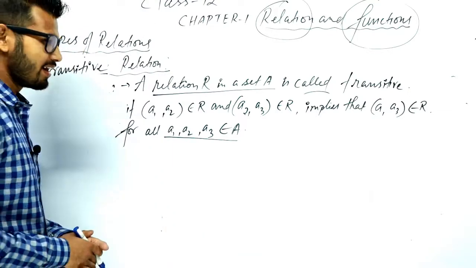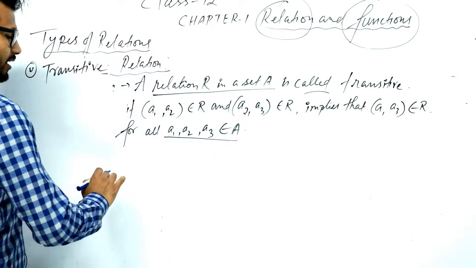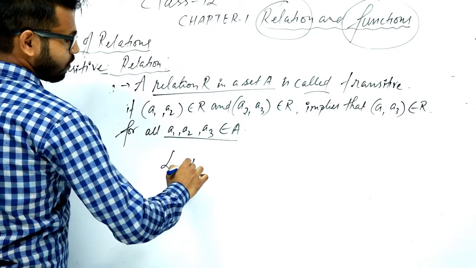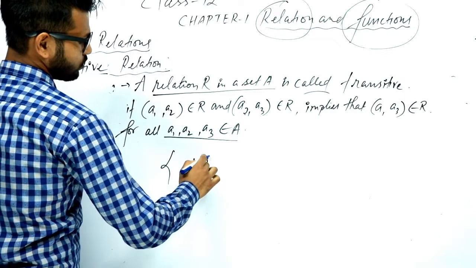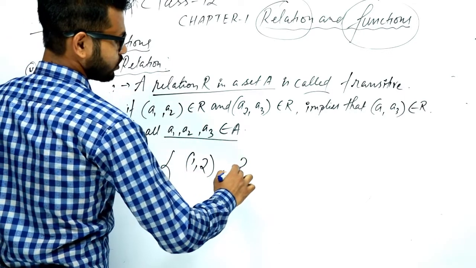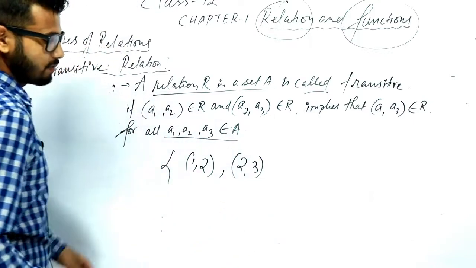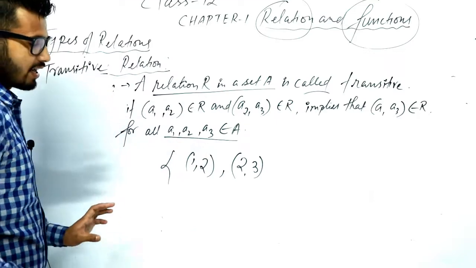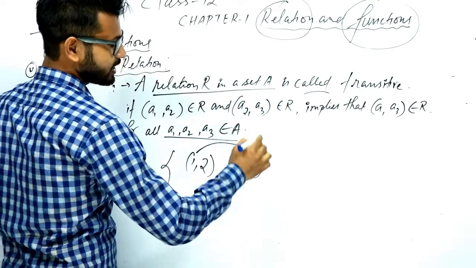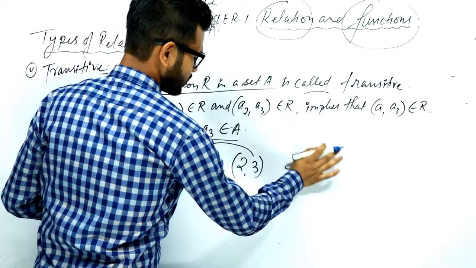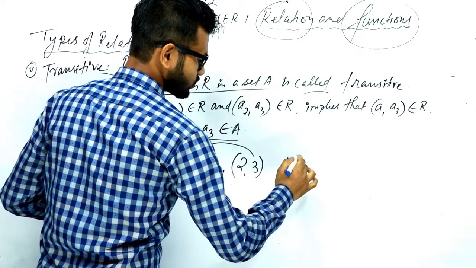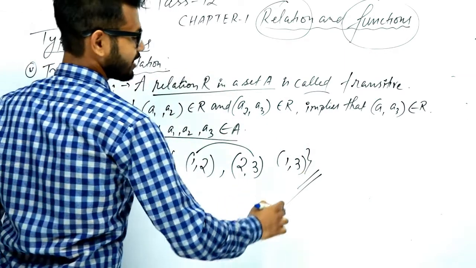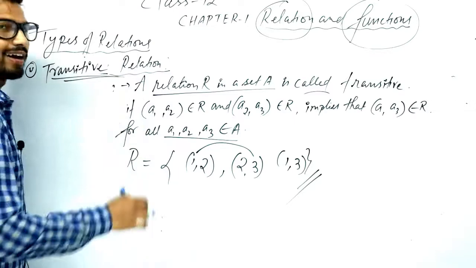For example, let me clear it up. Suppose a relation consists of (1, 2) and then (2, 3), that is (a1, a2) and (a2, a3). If (a1, a3), that is (1, 3), is also present in that relation, then that relation is a clear-cut transitive relation.